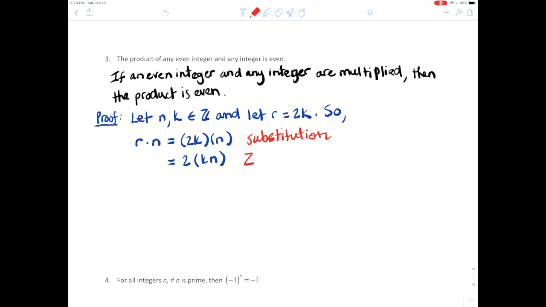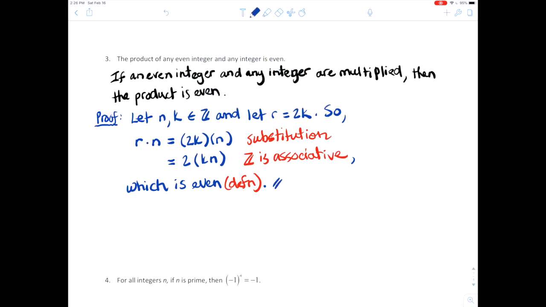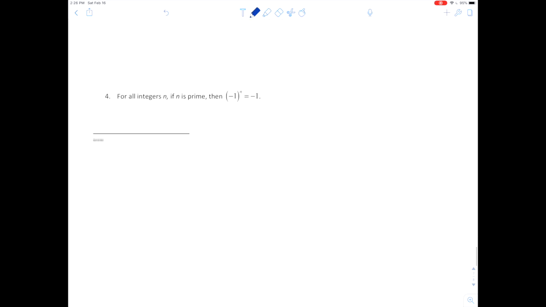Because the set of integers is associative, right? And this is even. And that's by definition. Cool so far? Awesome. So we're done. We've done it. All right, so our last one here, what do you think?